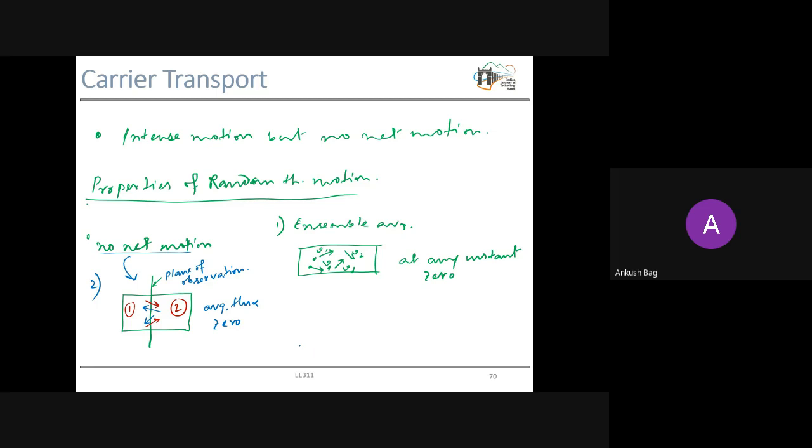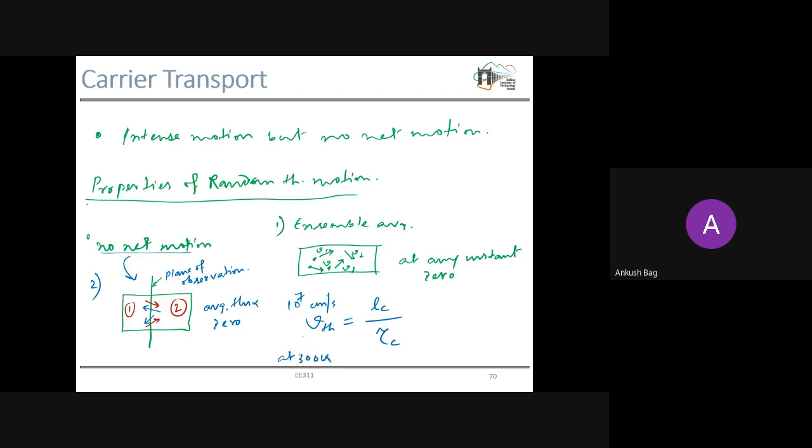So if we quickly see once again the thermal velocity, this velocity we have calculated previously, it is of the order of 10 to the power 7 centimeter per second. This is the random thermal velocity. And the mean free path, Lc, typically, all these figures at 300 Kelvin.